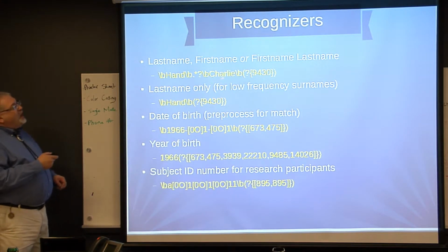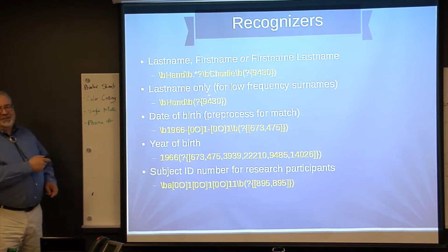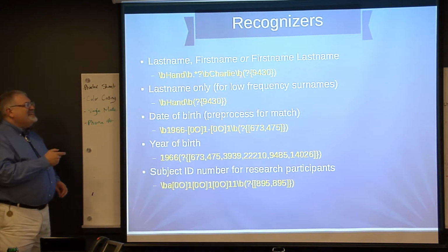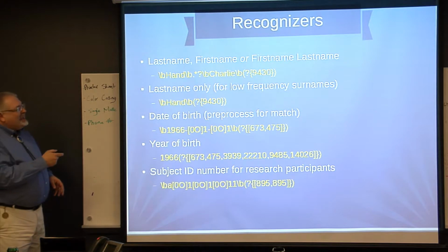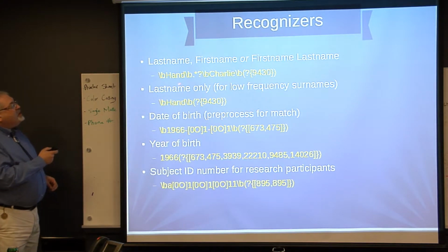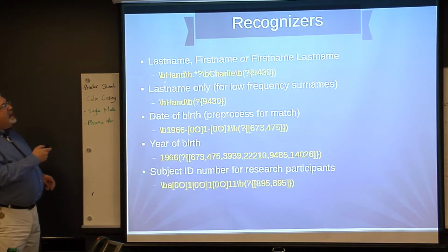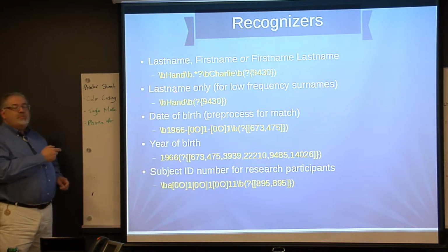I have a friend named Charlie Hand. He's not real, by the way, but he's a friend, and that's his account number. So this is what it would look like. The \b is a regular expression marker which matches at a word boundary.